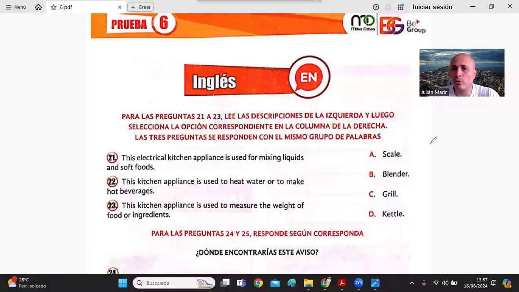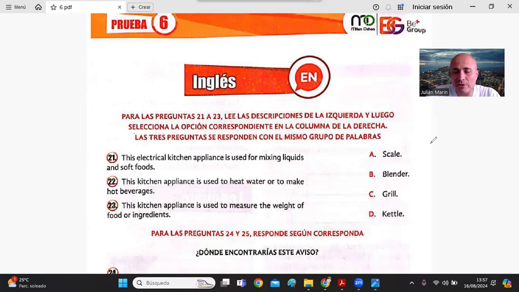That means that one of those 4 we're not going to need. It is just canceled. Here we are talking about a very specific area, which is the kitchen, and more specifically, appliances. The appliances are the utensils that we use in the kitchen or at home for meeting diverse needs.